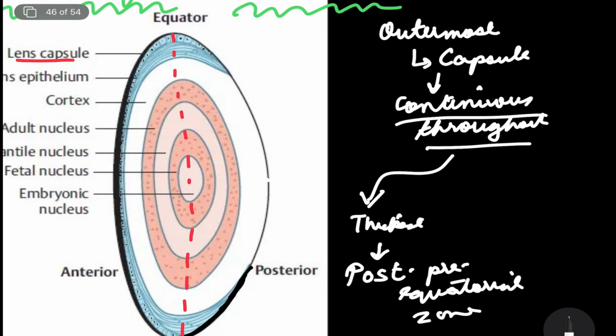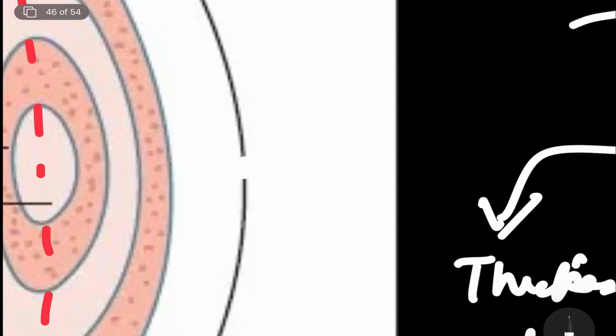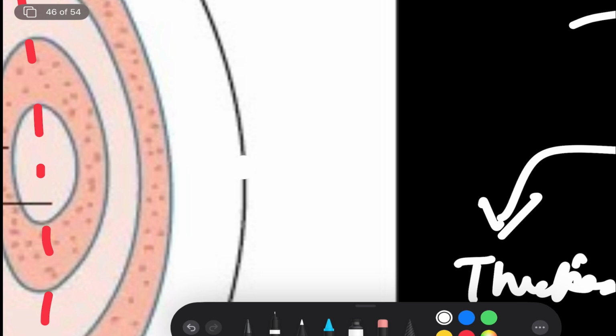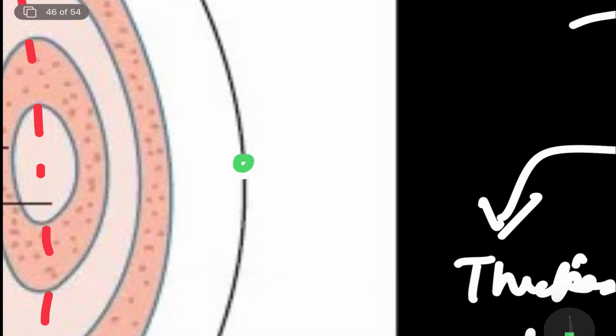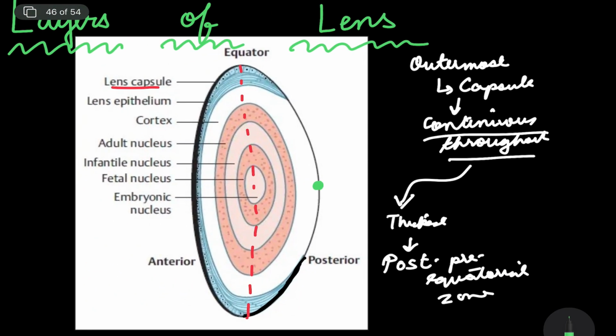Okay. Now, another structure that I need to draw your attention towards. This over here, can you see? Let me use the green. This point of the lens, where it is exactly at the center, but at the posterior side, is called the posterior pole.